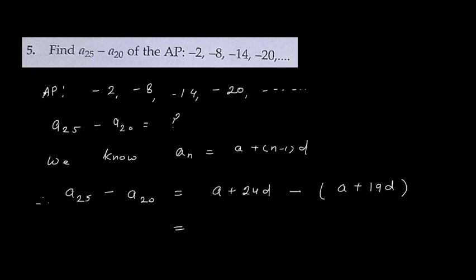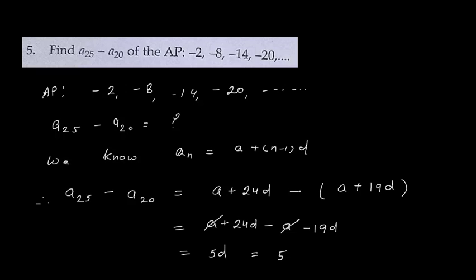If I open the bracket, it is A plus 24d minus A minus 19d. So this A and this A will cancel. 24 minus 19 is 5d. So it is 5 into d, the common difference.